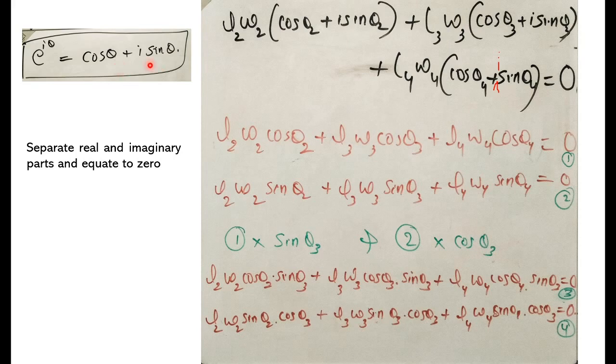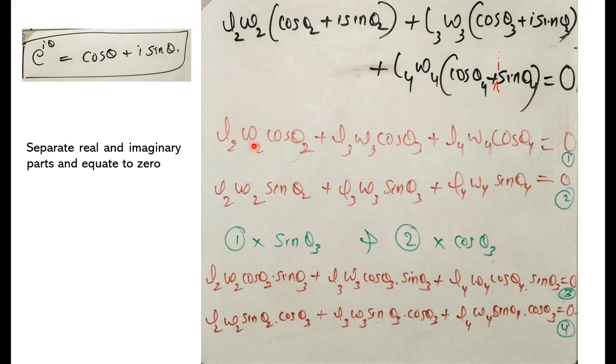So you are rearranging the real terms and the imaginary terms. If e^(iθ) is 0, the real term will be 0 and the imaginary term will be 0. So if you add all the real terms, it will equal 0, and all the imaginary terms will also equal 0.